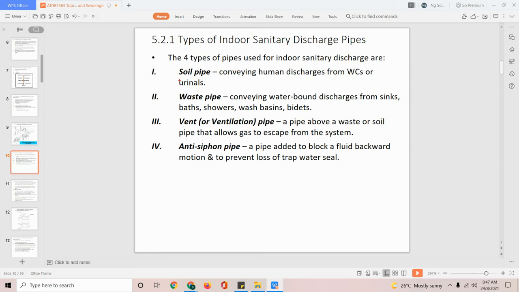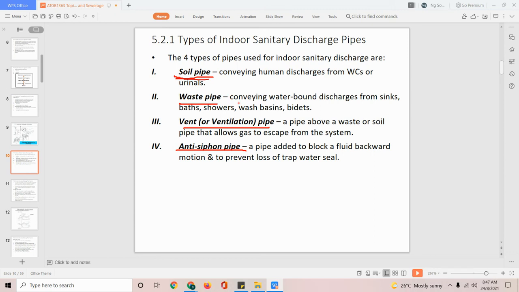So pipes typically, because you will not be able to see all these pipes, soil pipe, waste, vent or anti-siphon. If you look around your houses, you actually cannot see the pipes, because aesthetically, meaning visually, it's a bit ugly to see them if they are exposed.